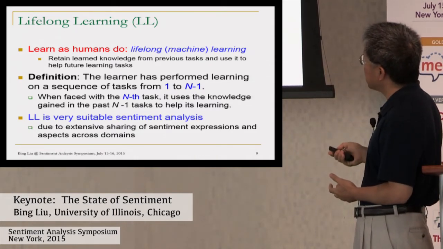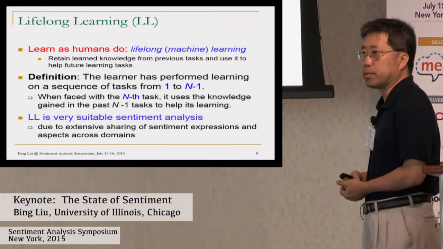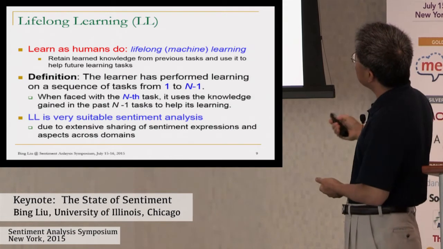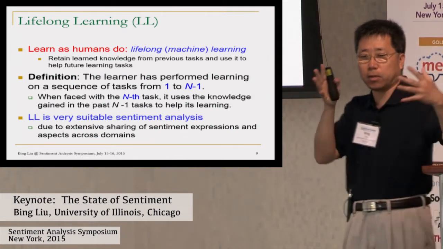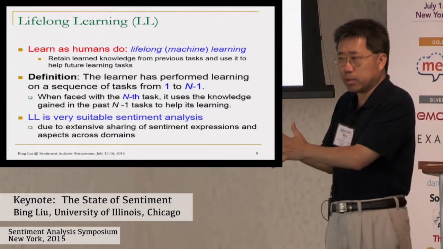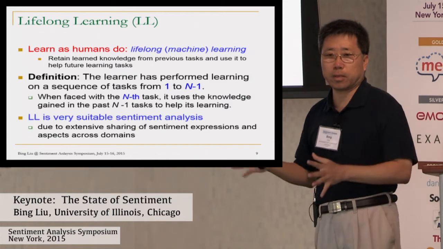So why do we say this lifelong learning is so suitable for sentiment analysis? Because when you want to do this kind of lifelong learning, obviously the knowledge you learned in the past must be relevant to the current task. If it's completely different, there's no point.